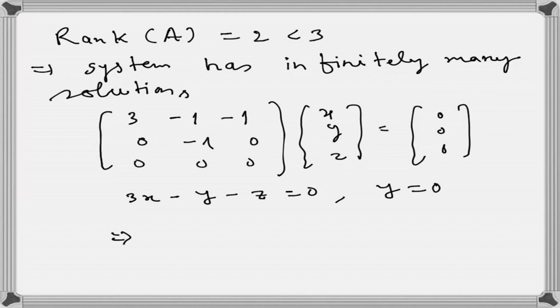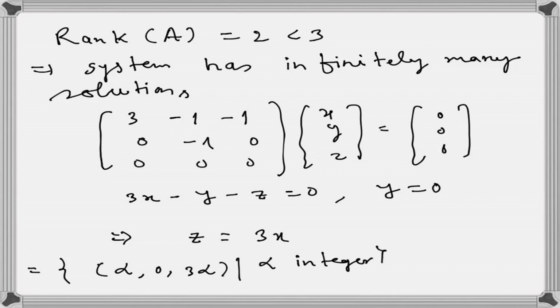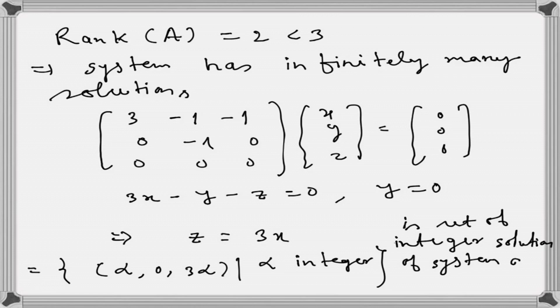Y is 0, this implies that z equals 3x. So if you take x as alpha, then (alpha, 0, 3 alpha), with alpha an integer because we are interested in integer solutions, is the set of integer solutions of the system of equations.